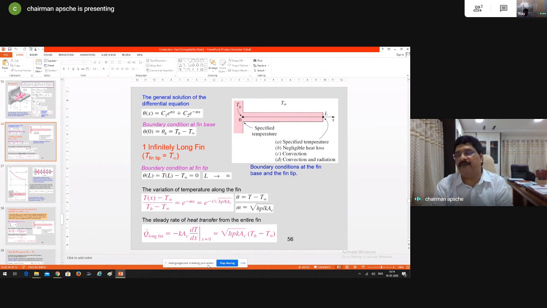We are not solving the problems of varying area. We are just solving the problems of constant cross-sectional area. In fact, I have shown you a derivation for the varying area. So don't get confused. Both are possible. Varying area fin is possible, and constant cross-sectional area is also effective, and is also possible.